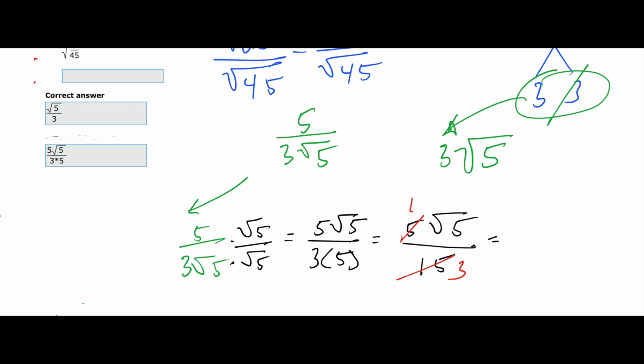And then you get the 1's on top and the 3's on the bottom. You'll never make that mistake. So you'll end up with root 5 over 3. Oh yeah, because you just have this 3, you didn't reduce it. You didn't multiply them together. And I don't think you'll ever use star as times either.